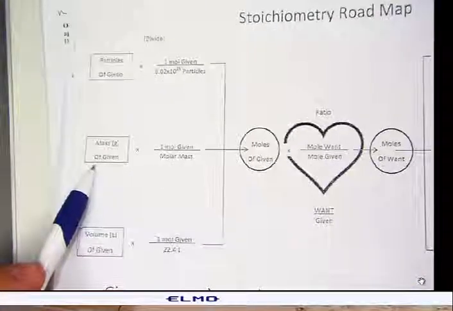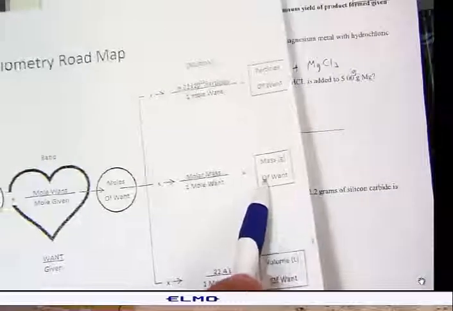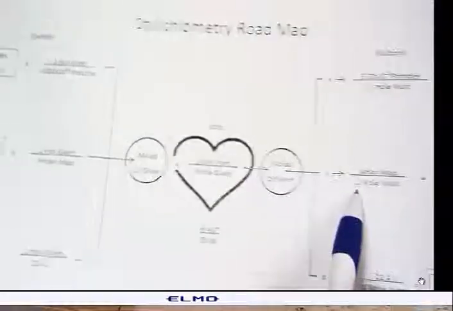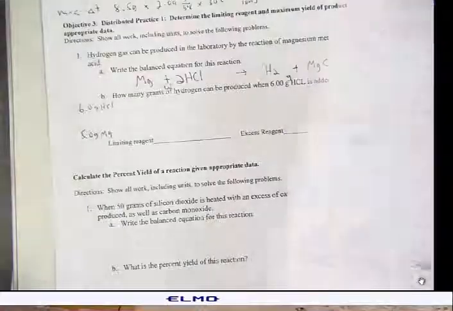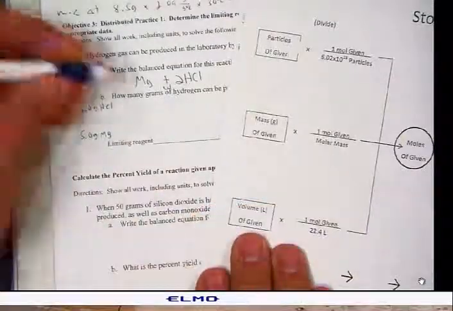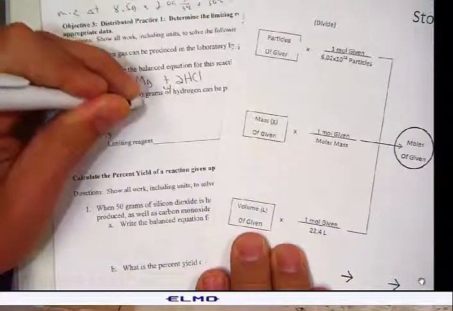So, given grams of one substance, mass of given, I'm trying to get to my grams of want, mass of want. It's straight across, 1, 2, 3 steps right through the heart of the problem. So here we go. The next step has to be 1 mole of given on top.